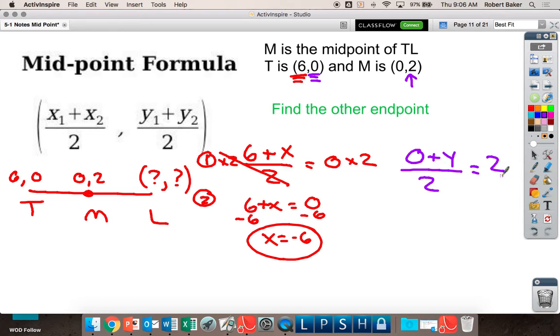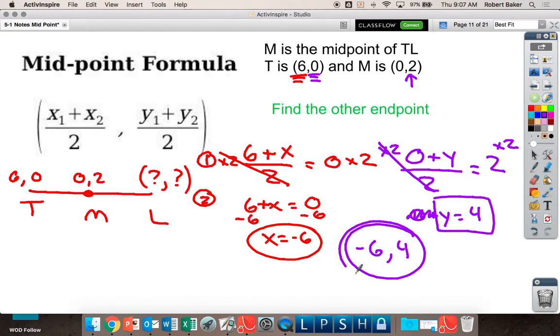Same 2 steps. Multiply both sides by 2. Two times 2 is 4. Do I have to do anything with this 0? No. So what does y equal? That means the value of my other endpoint is negative 6, comma 4. And you must write that in parentheses. Negative 6, 4 is my other endpoint.